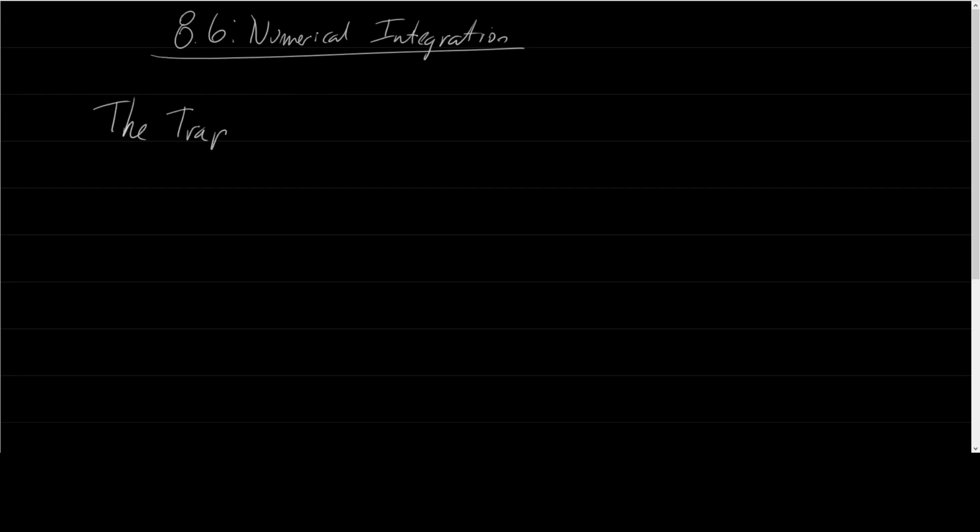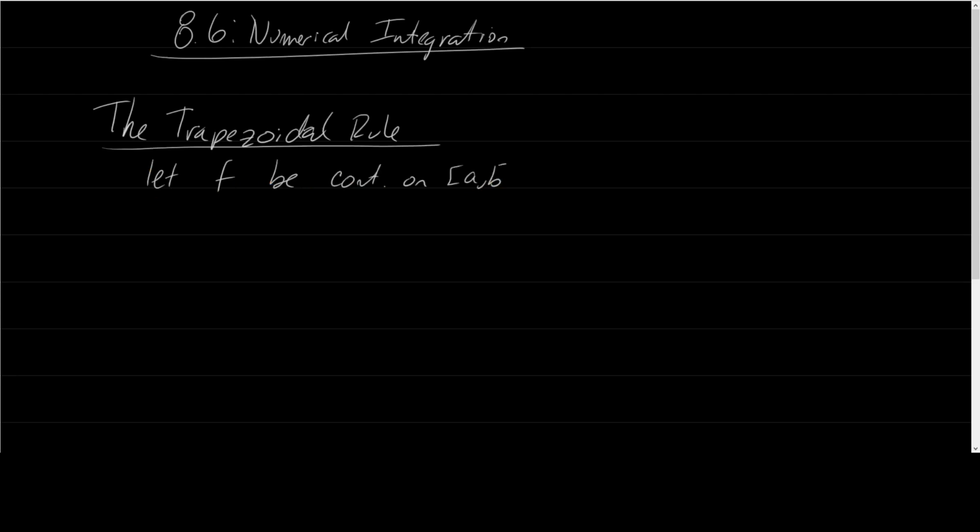The trapezoidal rule. As the name would imply, this is based on trapezoids. We start with: let f be continuous on the closed interval [a, b].